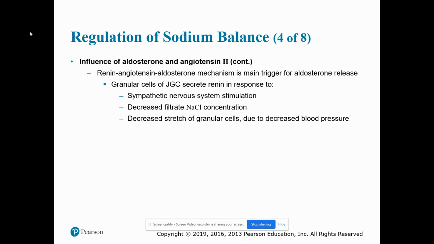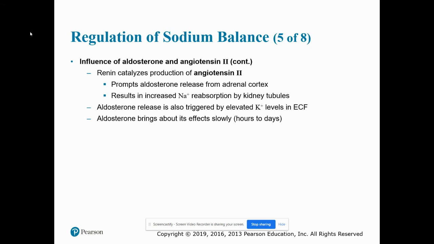The renin-angiotensin-aldosterone mechanism is the main trigger for aldosterone release. And then we go back to the granular cells of the JGC that secrete renin in response to these three things: sympathetic nervous system stimulation, a decreased filtrate sodium chloride concentration, and a decreased stretch of granular cells due to a decrease in blood pressure.